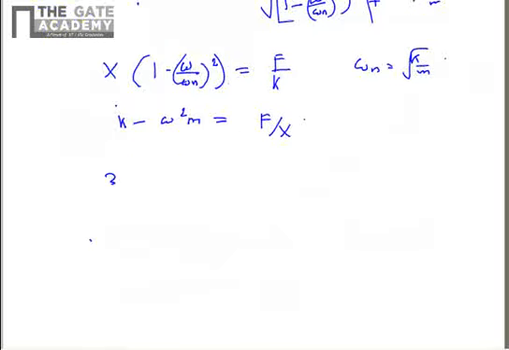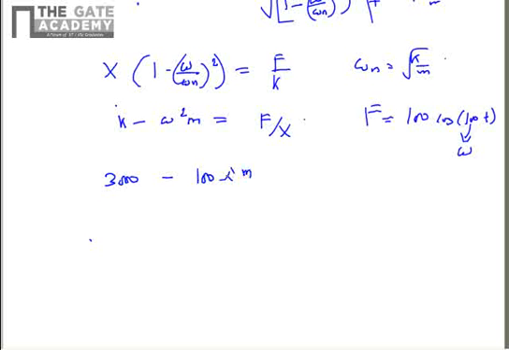Now in this case, k is given as 3000 and omega is given as 100 because the forcing function is 100 cos 100 t.